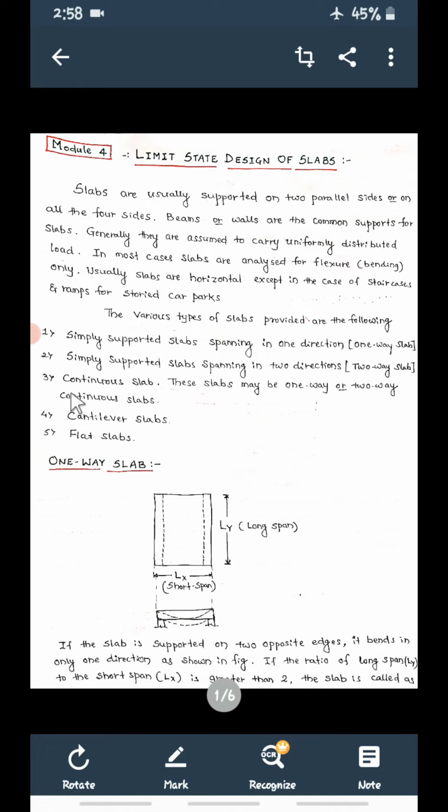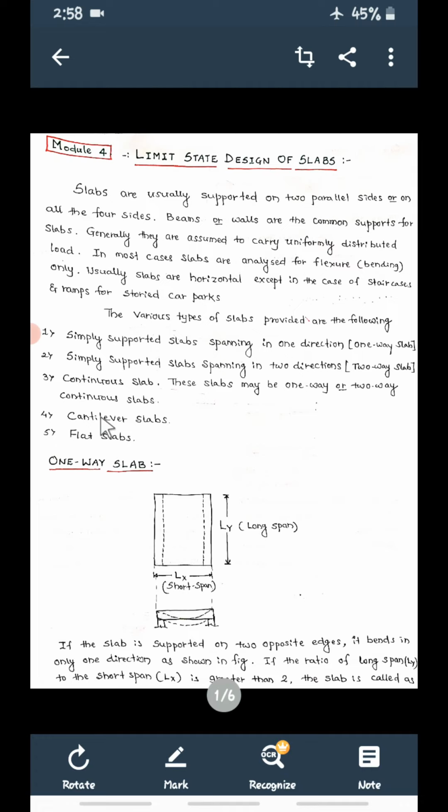Then third one is continuous slab. The slab which is running continuously over a number of supports is called a continuous slab. These continuous slabs may be either one-way slab or two-way slab, but it is continuous over a number of supports. Then fourth, cantilever slab.